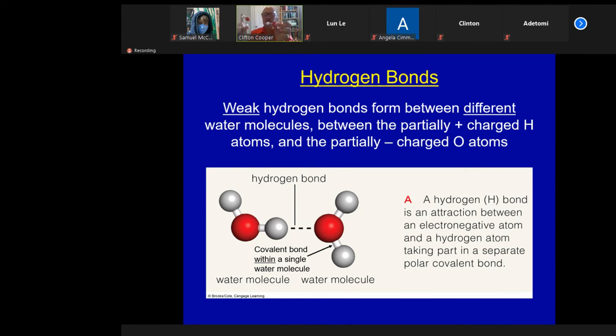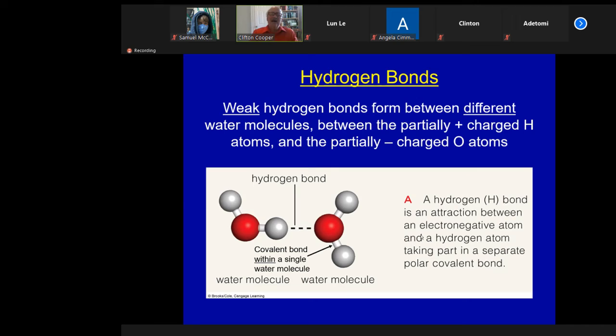Like in this case, two waters: positive hydrogen here goes to negative oxygen there. They want to stick to each other. That's a hydrogen bond between these two water molecules. Or it could turn around the other way, and we could have this positive hydrogen go to that negative oxygen, like this. These are hydrogen bonds.